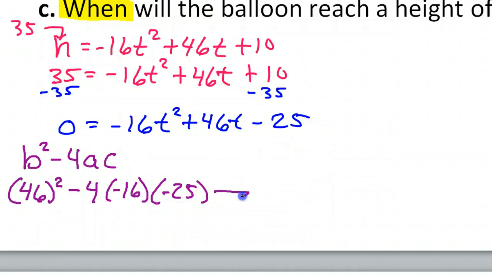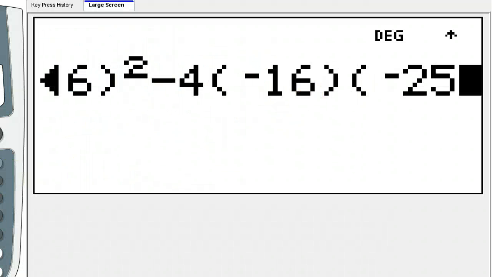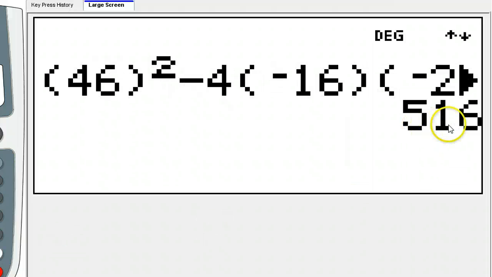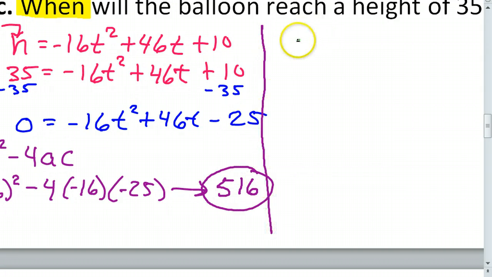Okay, so let's see what this gives us. I'm just typing it in. So then I've got negative 25. That gives me 516 for the discriminant. 516. That's your discriminant. Now that we have that, we can go ahead and do the rest of the quadratic formula.